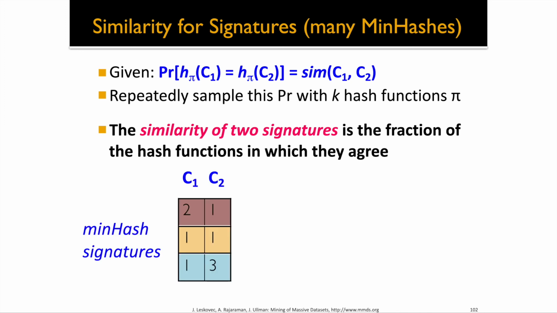So what does this look like if we have a signature matrix for these two documents and these three minhash signatures? In this first row, they are not equal. In this middle row, they are equal. In this bottom row, they are not equal. So we have an estimated similarity of these two documents of 1/3.